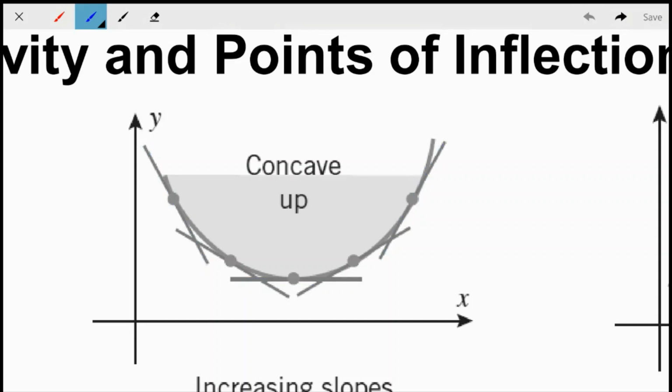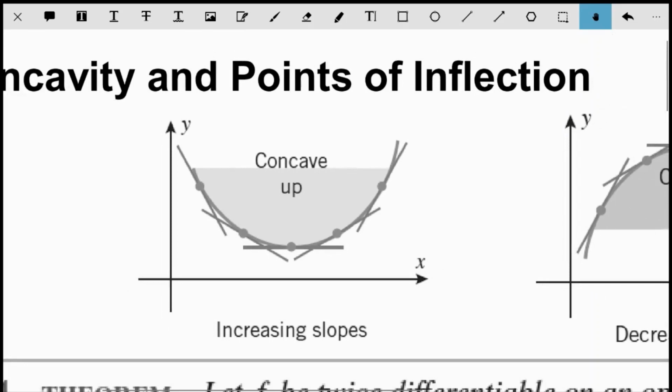So what we're seeing there are increasing slopes. So remember, the second derivative would be the rate of change of the first derivative. So if I see increasing slopes, that would indicate that y double prime, the second derivative, would have to be positive, because that tells me my derivative is increasing in value.